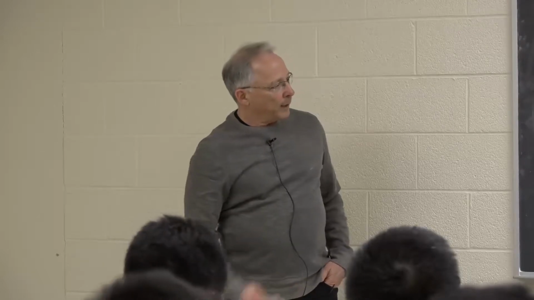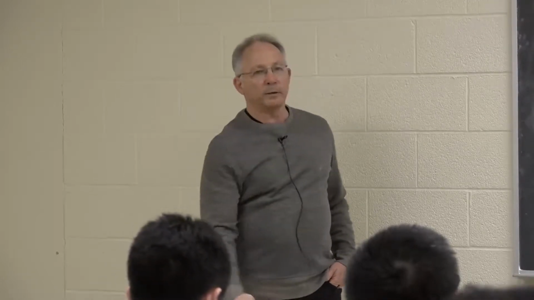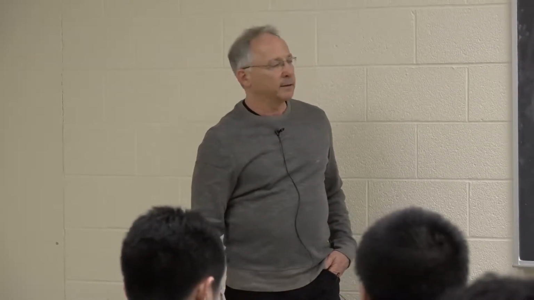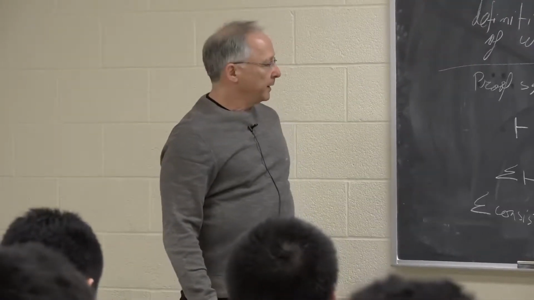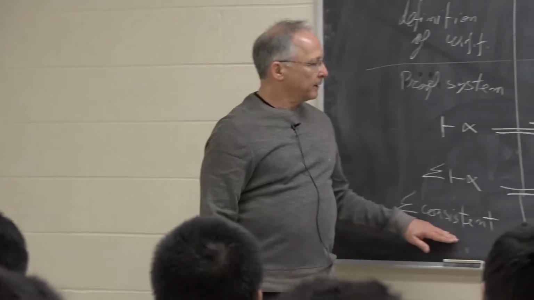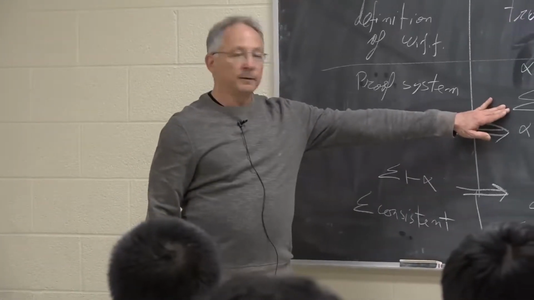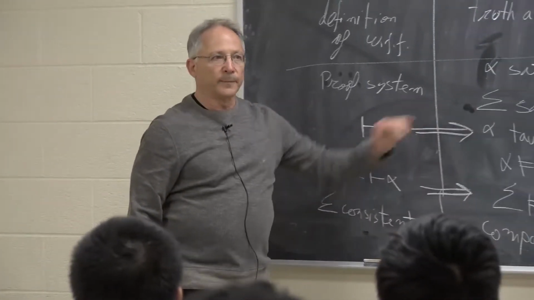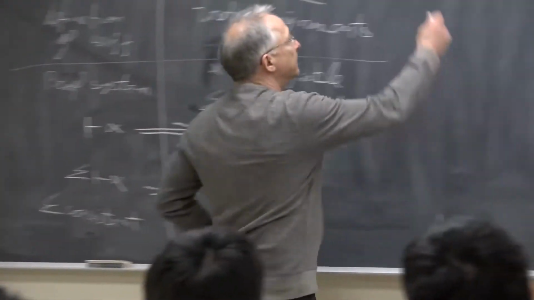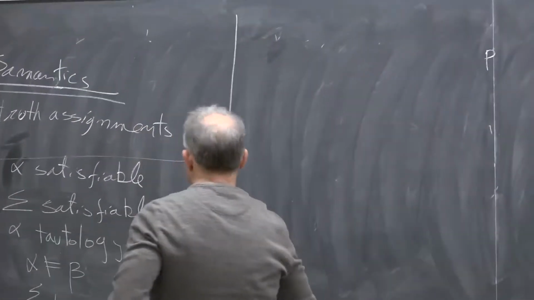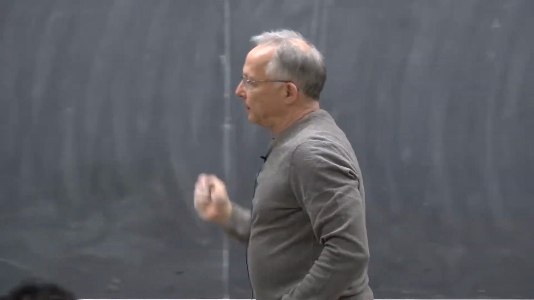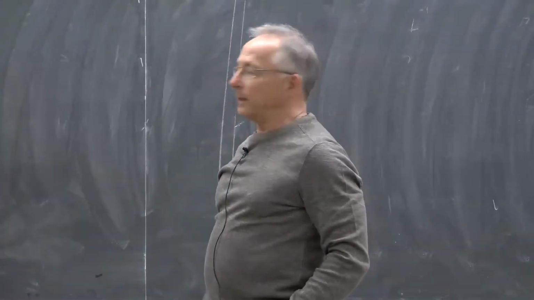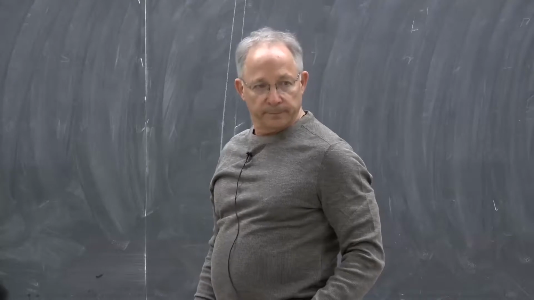And I want to draw more connections between the two sides. The next connection that I want to draw is between being consistent and being satisfiable. So now we are in this game of making ties between the semantic column and the syntactic column.